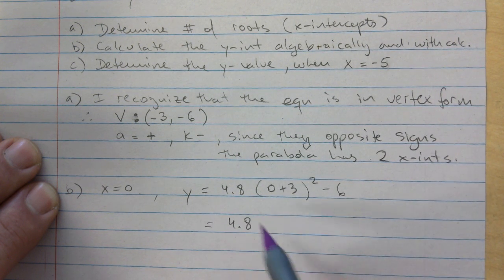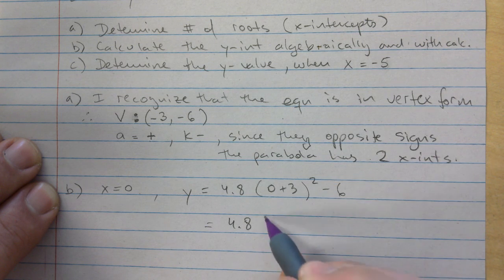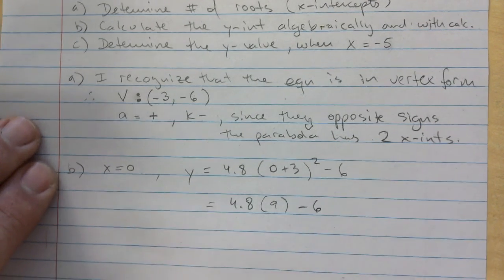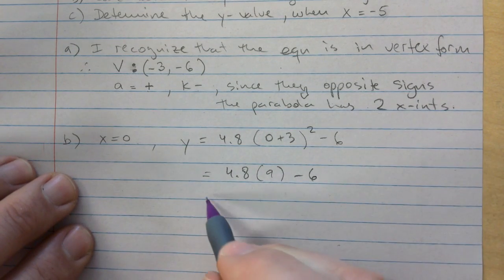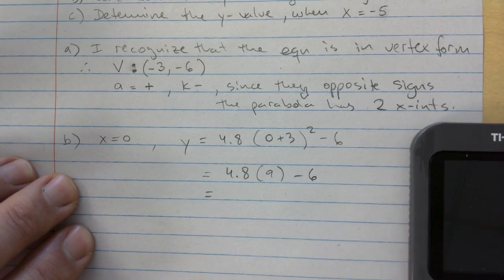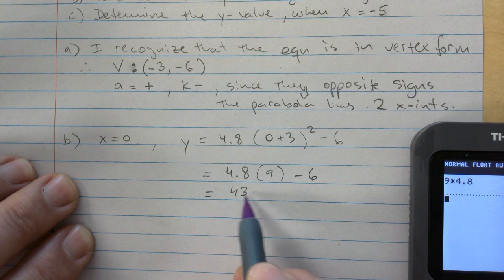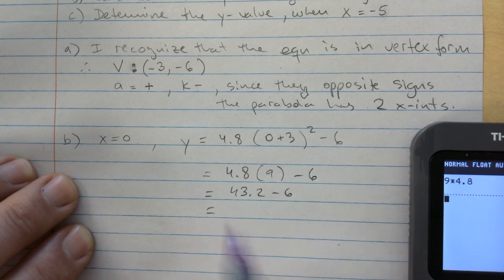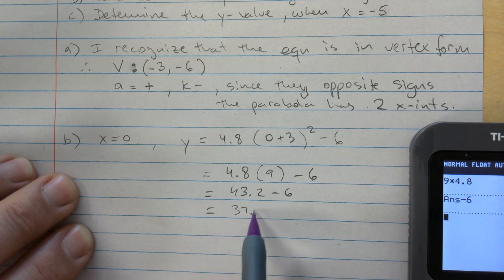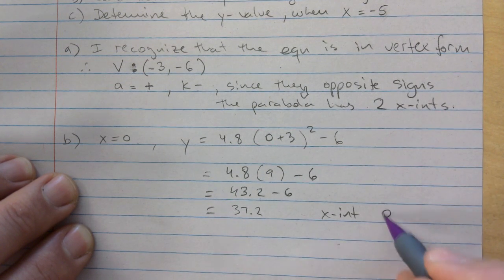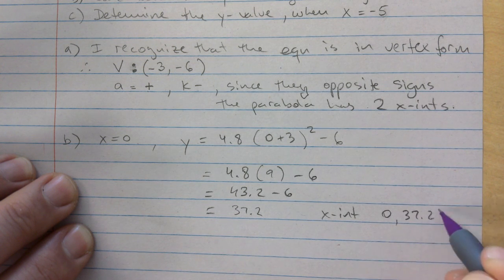That's 4.8 times 9, minus 6. 9 times 4.8 is 43.2, minus 6. That's 37.2. So the intercept is (0, 37.2).